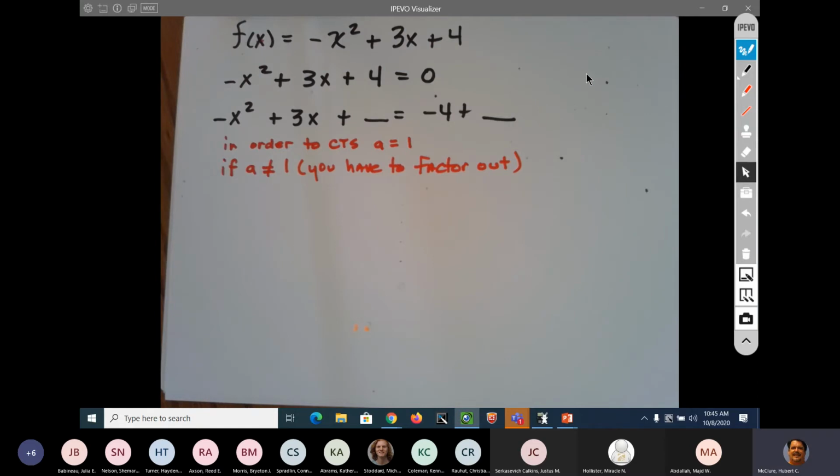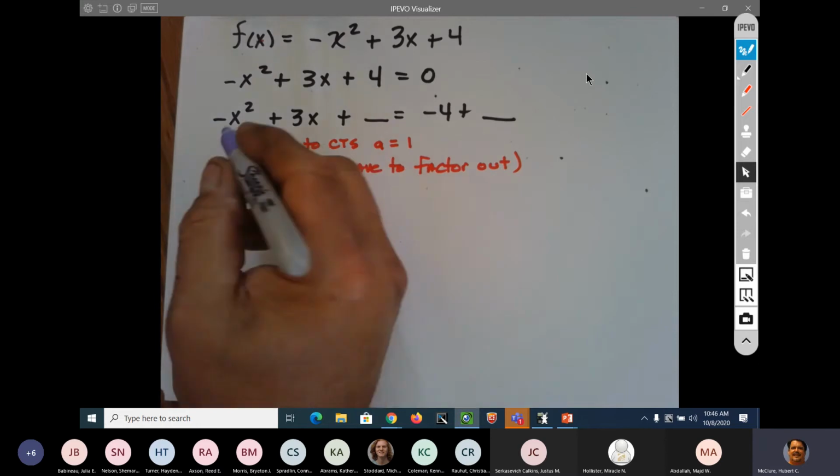So I've got to factor out a negative 1. I'm going to do that in purple, or lavender.